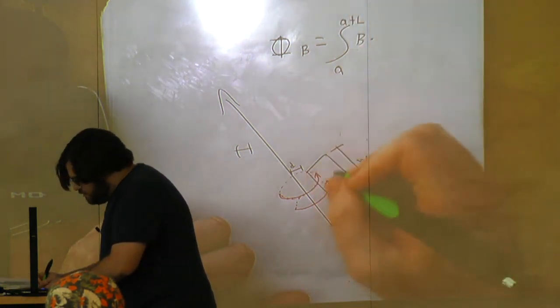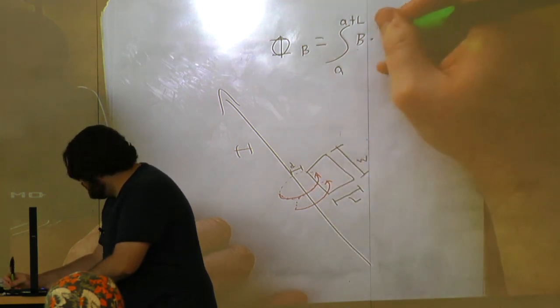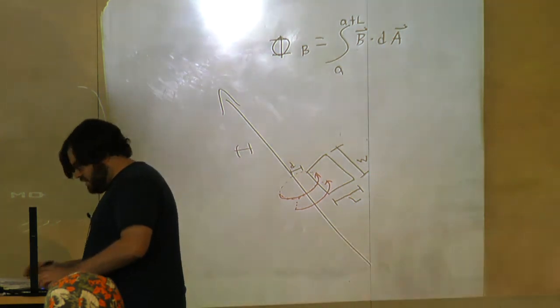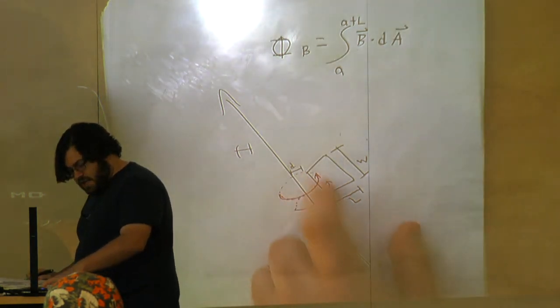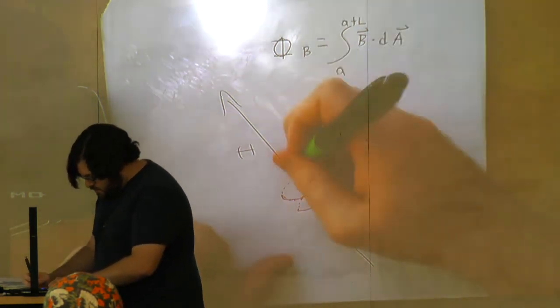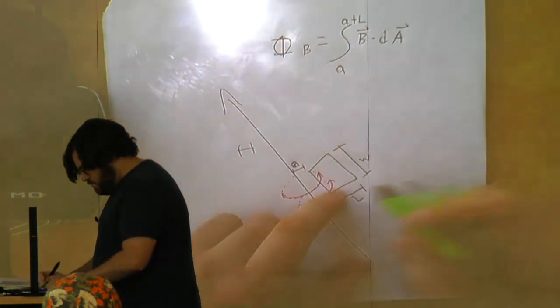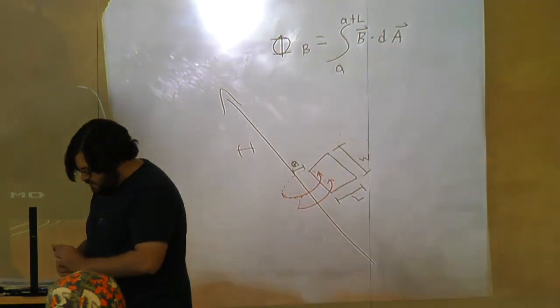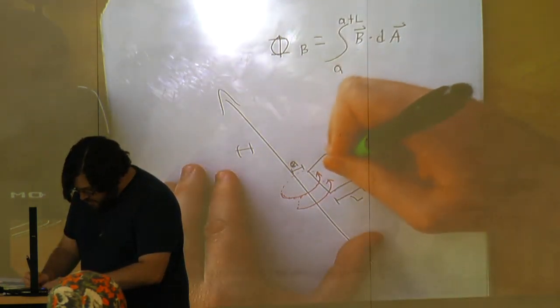So the flux through this little square is going to be B dot dA. We're going to integrate from D, should be A, to A plus L. So we're integrating along this path. We're splitting this up into rectangles.